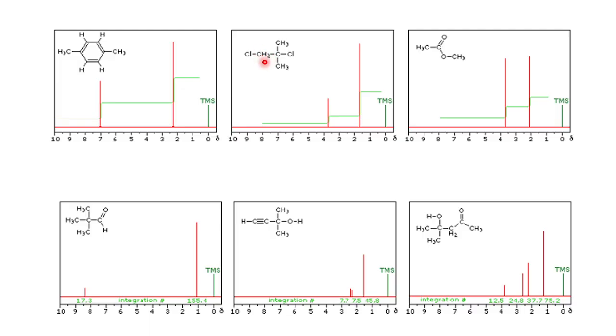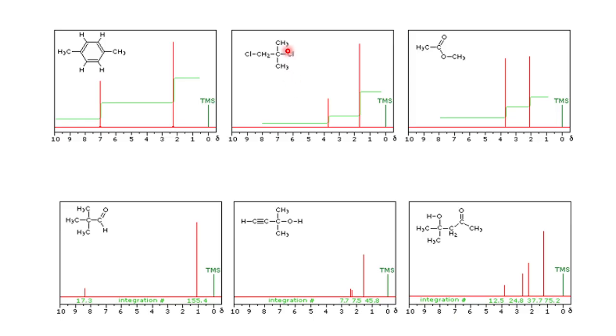Because that CH2 is directly bonded with Cl, but the hydrogens of CH3 and CH3 are not directly bonded with the halogen. Since they are bonded with a carbon and that carbon is bonded to Cl, they are less deshielded. That's why these CH3 come at lower delta value as compared to this CH2.